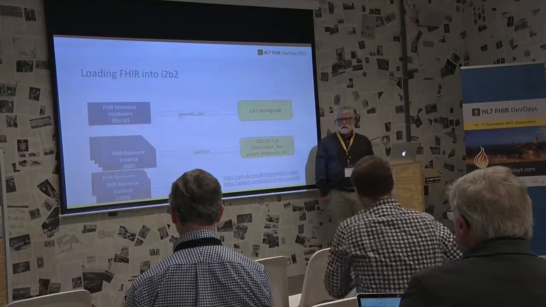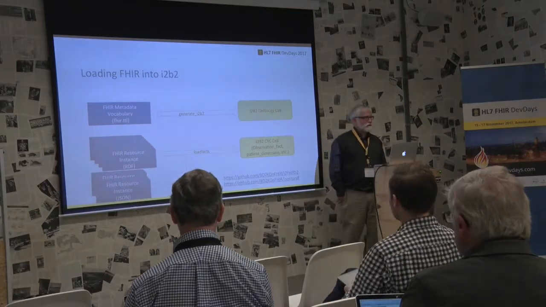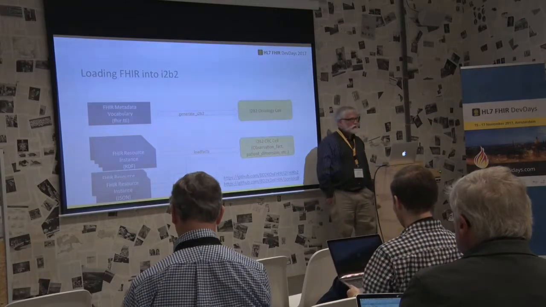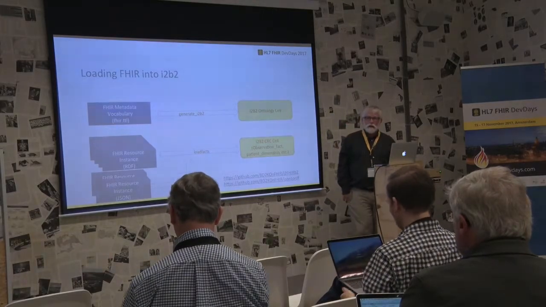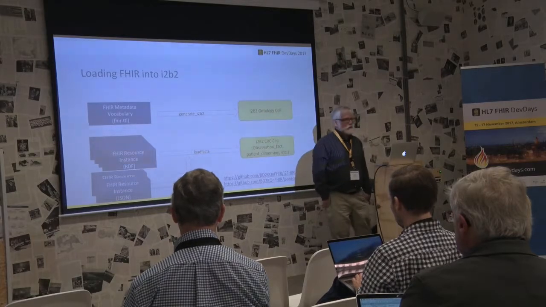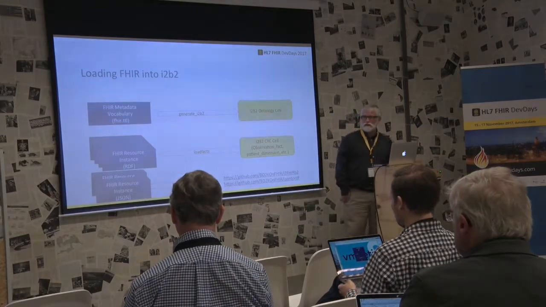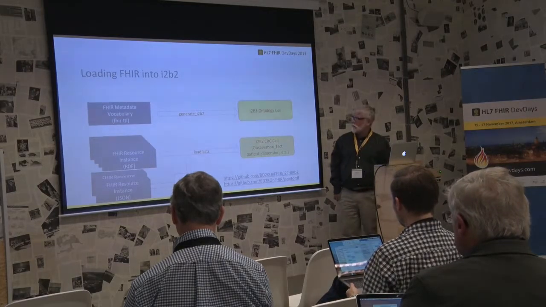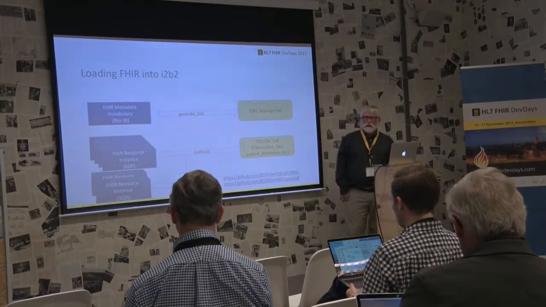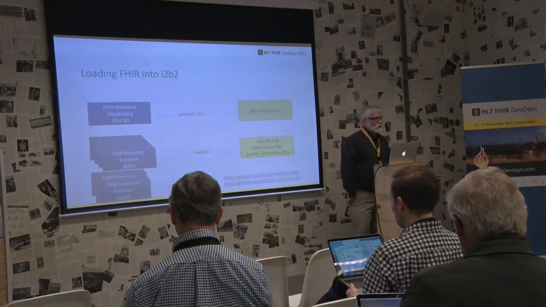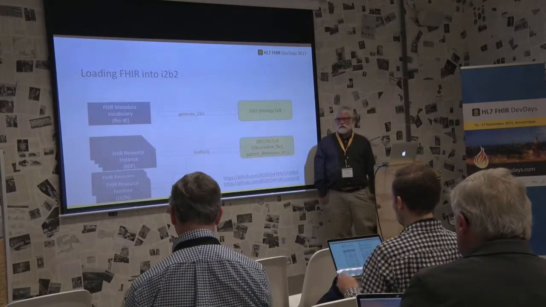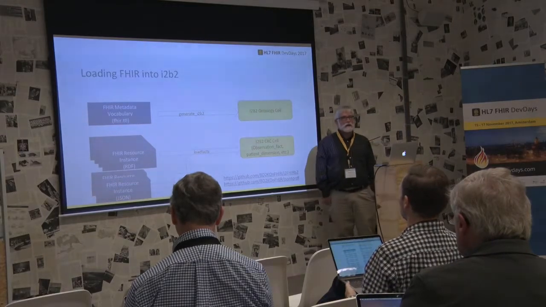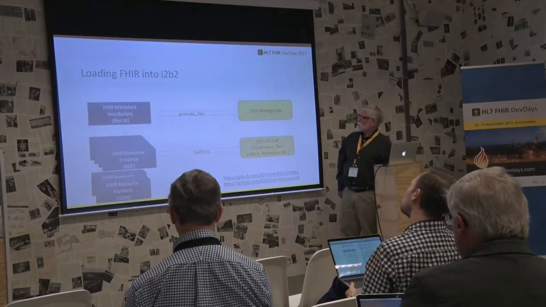And one group is working very hard to transform the contents of that into FHIR so that we can share it and access it from FHIR. We have another group that's working very hard to transform that data into I2B2 because they're starting to come up with a relatively standard catalog, or they're thinking about it anyway. And it occurred to us that it would be really nice if instead of having two groups converting the same data into two different models, maybe we could just combine it into one. And that's what we're playing with here.